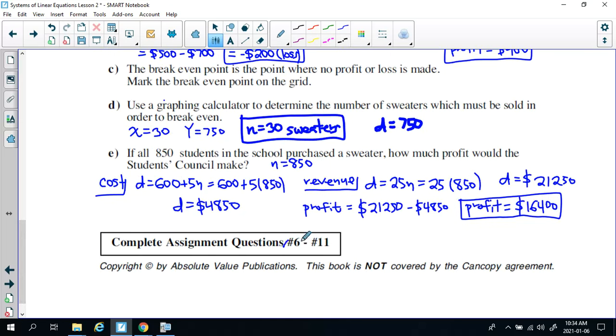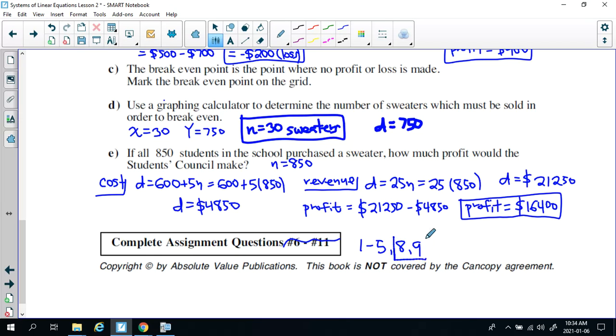Okay, that's it for this lesson. The questions that you can complete are numbers 1 through 5, 8 and 9. Now, 8 is a multiple choice question, 9 is a numerical response question.